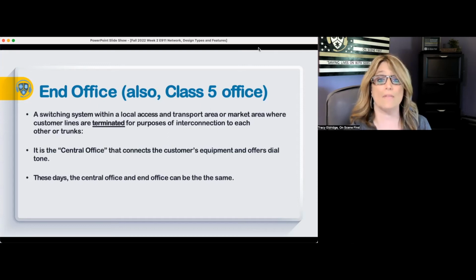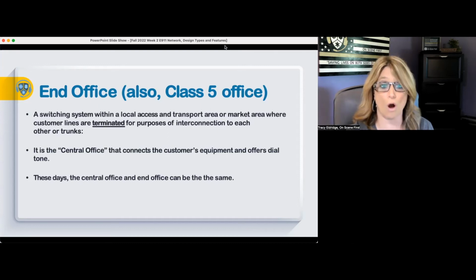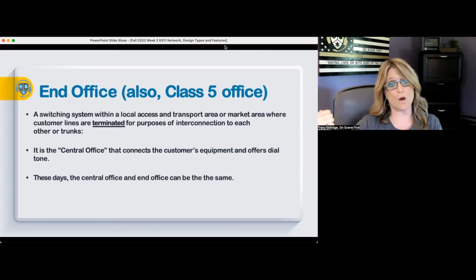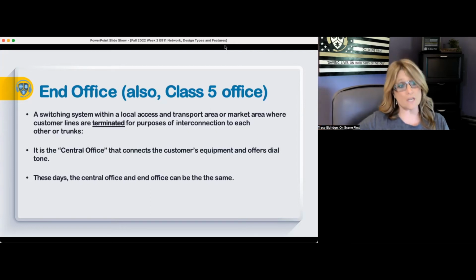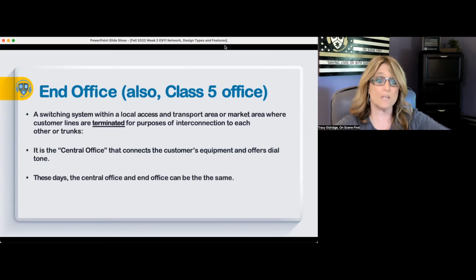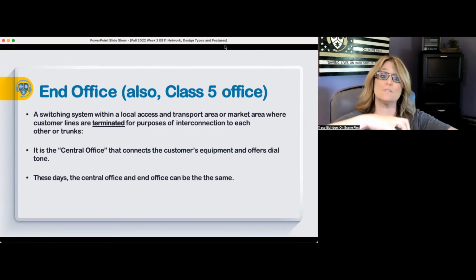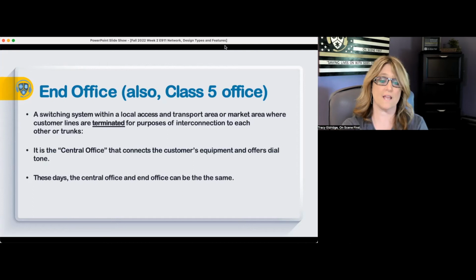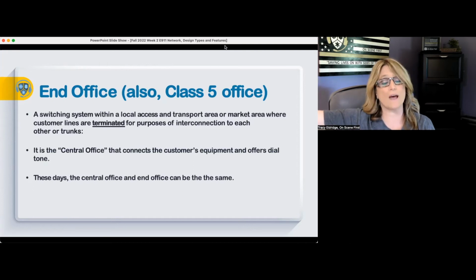So again, that place in the central office, if I'm in Rochester and I place a call to Aunt Sophia in Boston, my call is going to go to the central office, but it's also going to be considered an end office because the call is going to terminate there. It's going to stop and it's going to use the inter-exchange and it's going to switch. And now it's going to go on to the long distance carrier, which is going to carry it on outside of my LATA. Does that make sense?